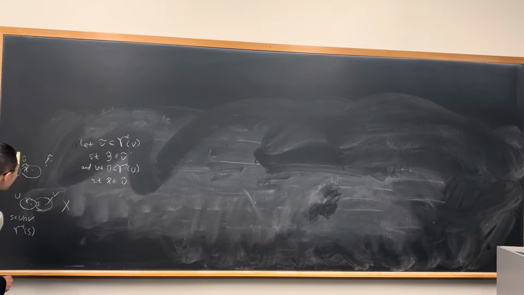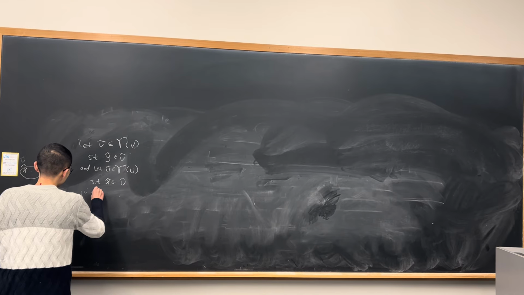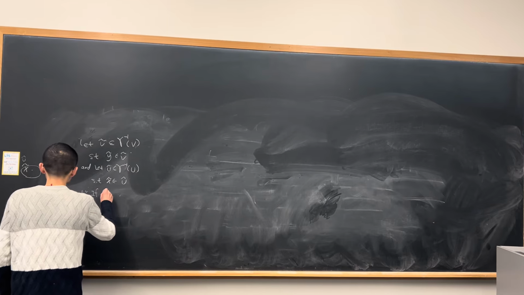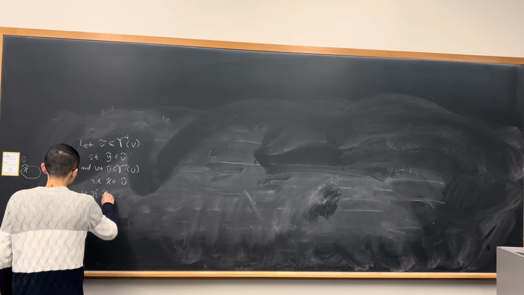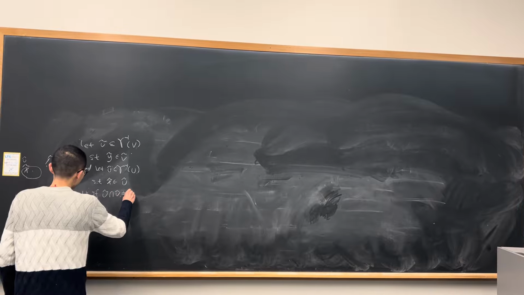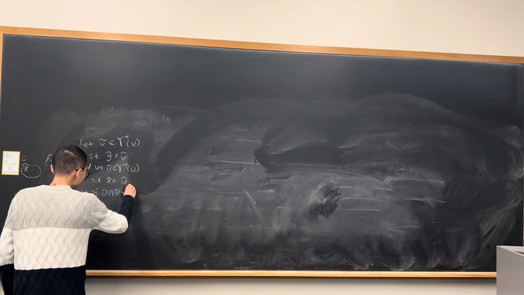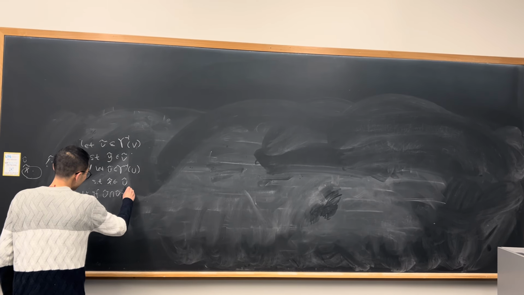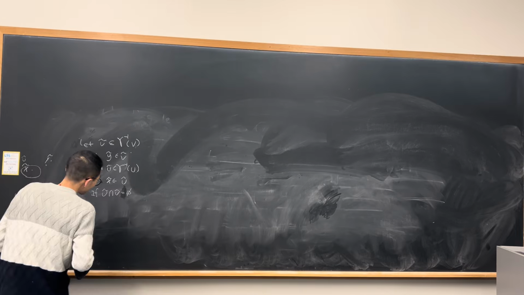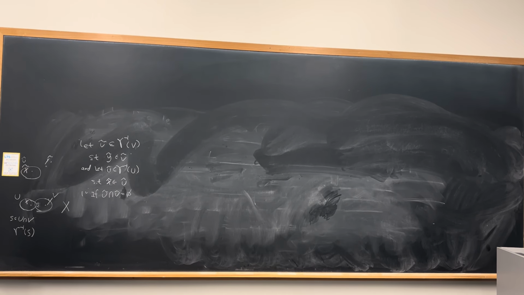So let's say first, if we have this U tilde and this V tilde intersection is an empty set, then what will happen?